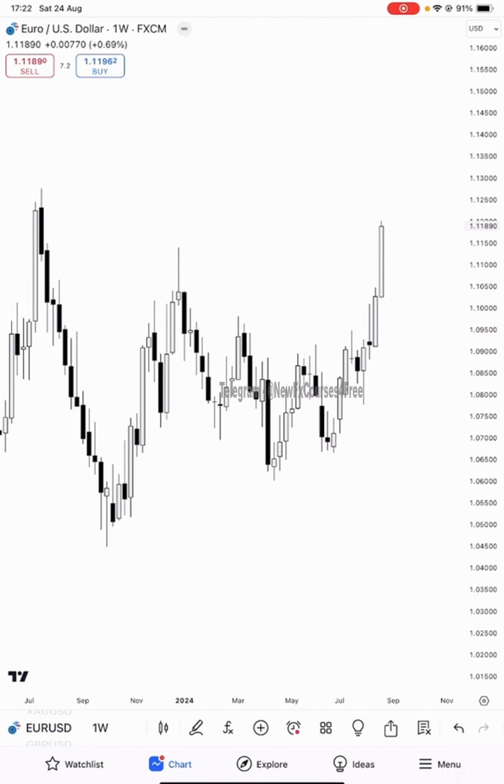ICT revolutionized the trading space, and his way of viewing the markets, his way of seeing technical analysis is amazing. But I must say that PDAs, I use them obviously, but they are not the reason why price moves.